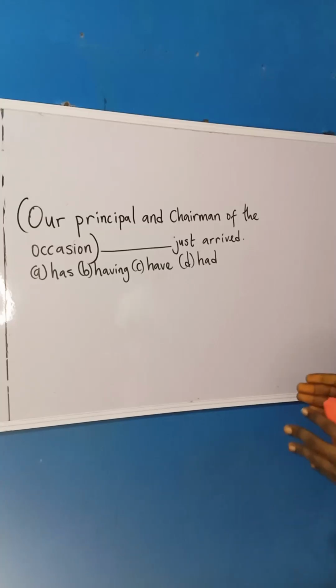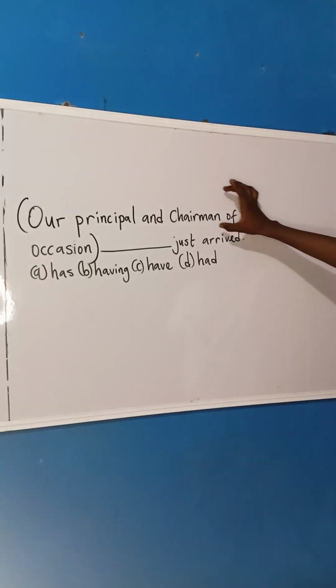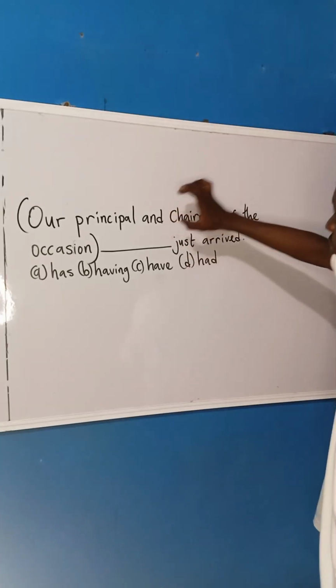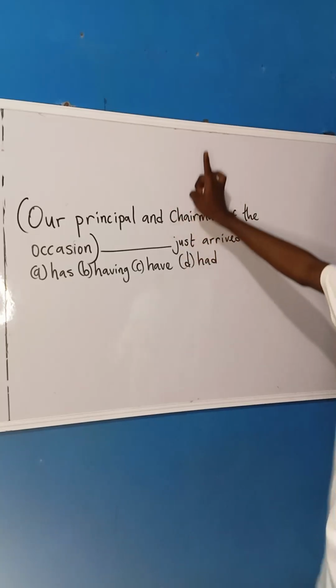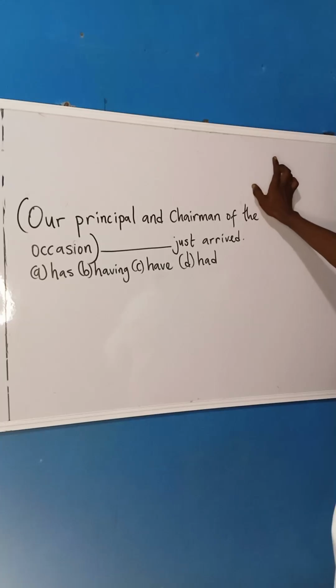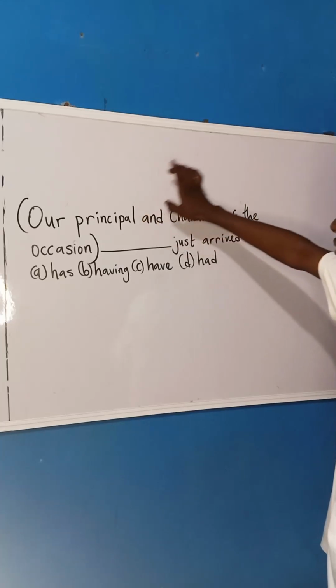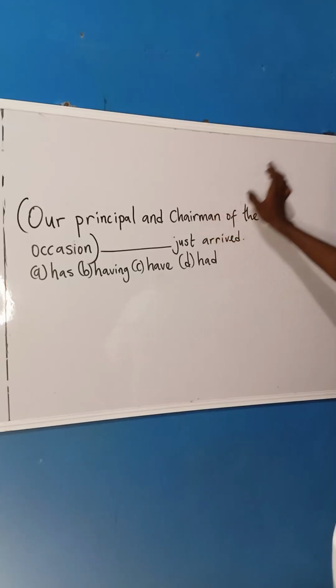Okay, let me dissect the definition of what I am trying to say, very well so that we understand it. The interpretation of this one is that a principal and chairman of the occasion, we are referring to only one person here. It is the same person, the principal, that holds the position of chairman of the occasion.